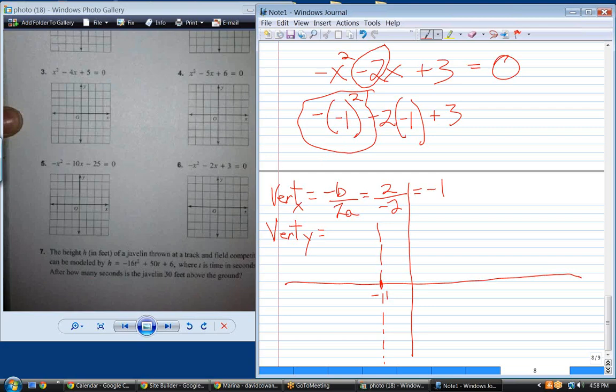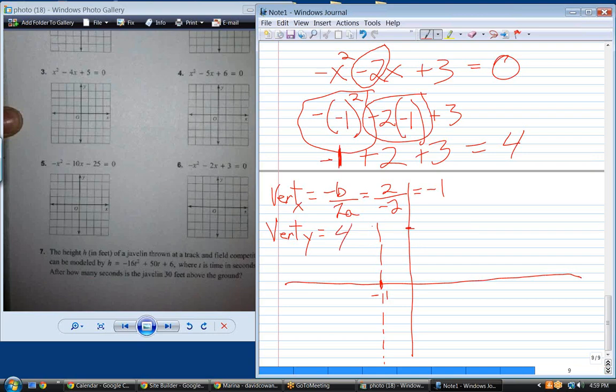Okay, so this whole thing still has this negative sign in front of it, so it becomes negative 1. What does this become? 2. Plus 2. And then plus 3 means that the y-coordinate of the vertex is at 4.